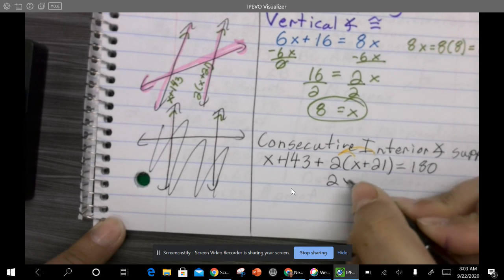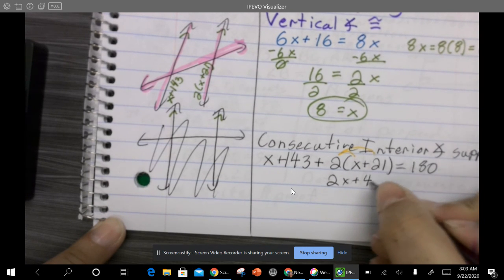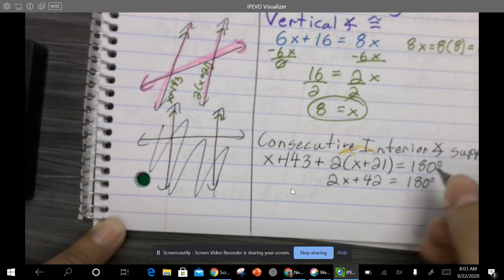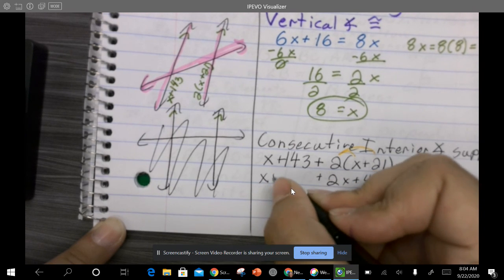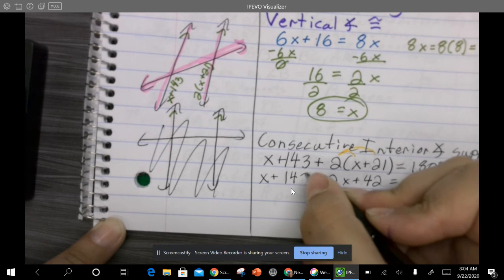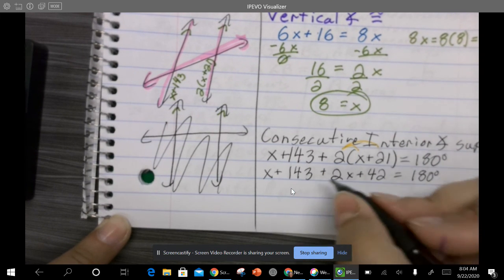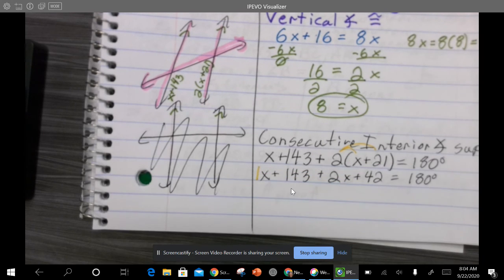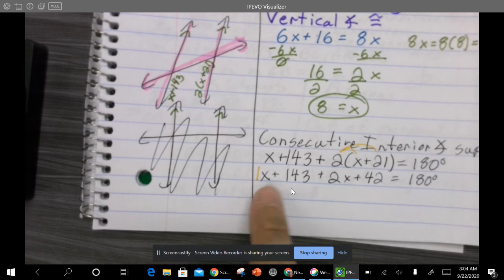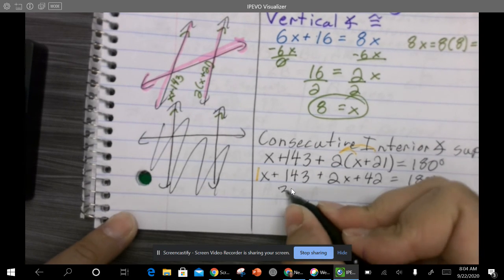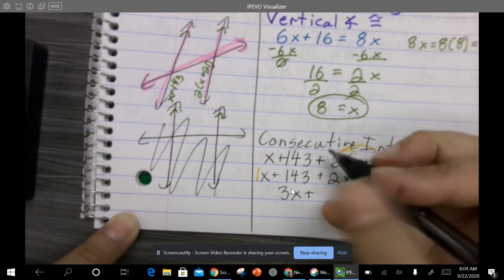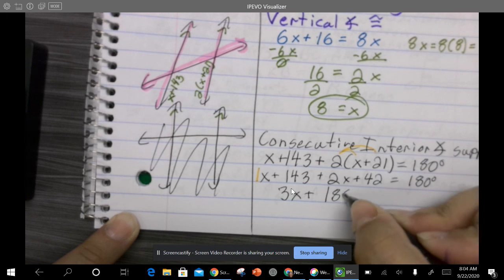So we're going to do 2x plus 42 equals 180, and then x plus 103. Okay, we're going to combine like terms. Everybody remember that that x has an invisible 1 in front of it. So 1x plus 2x is going to be 3x. 103 plus 42 is 145.